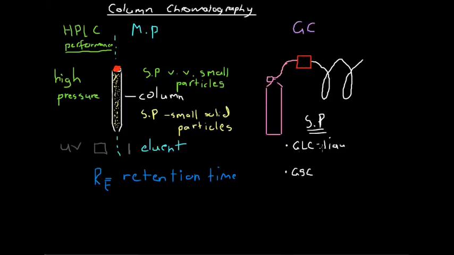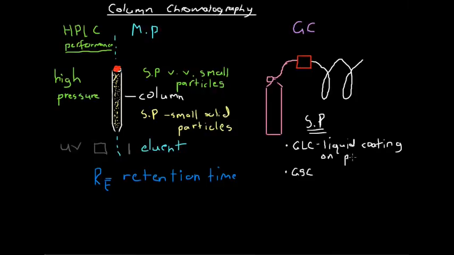So in gas liquid chromatography, this column is still filled with lots and lots of small solid particles. However, these small solid particles are coated in a certain type of liquid, and it's that liquid which acts as the stationary phase. So the stationary phase in gas liquid chromatography is this liquid coating on the small particles.